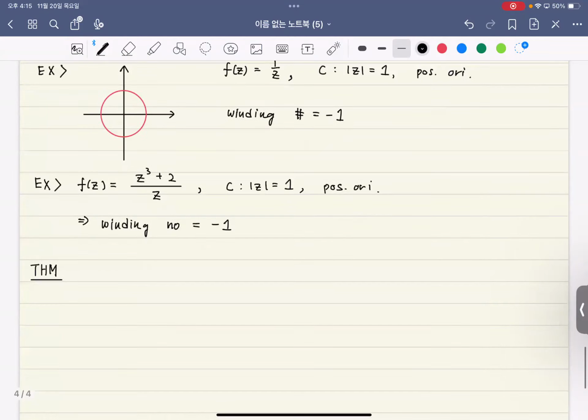So this is Rouché's theorem, and it goes like this.